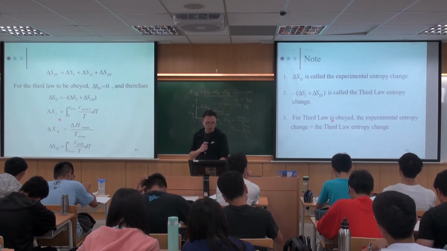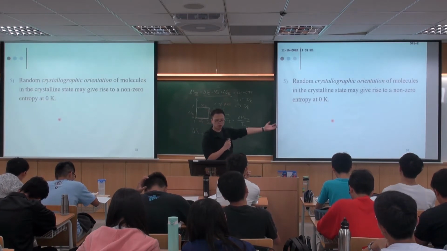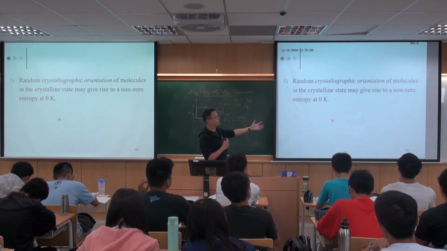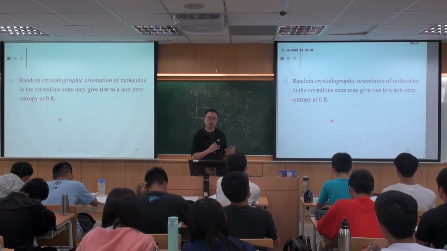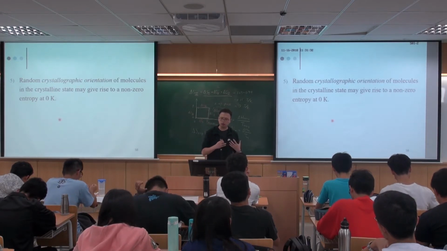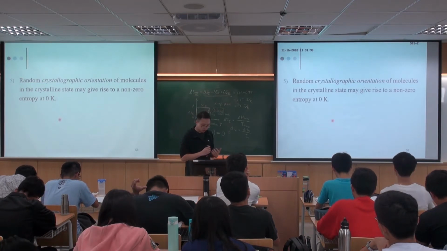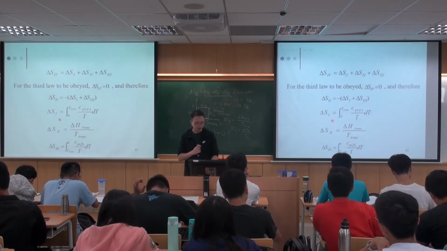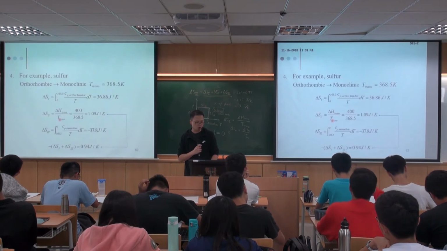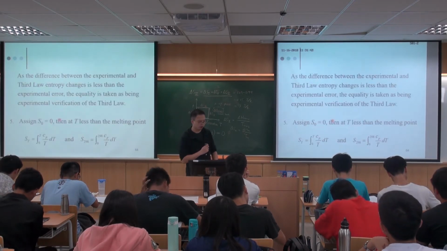In this case, it's probably due to the crystallographic orientation, right? Because if you're dealing with a polycrystalline material, then you still have some finite value of entropy at 0 Kelvin. So if it's not perfect, then you always have a certain amount of value over there.